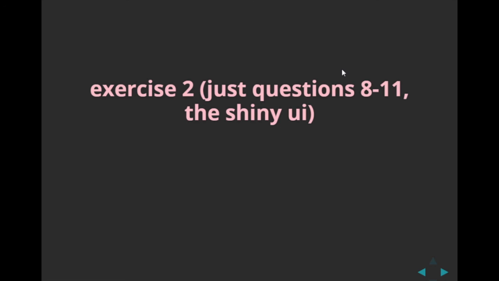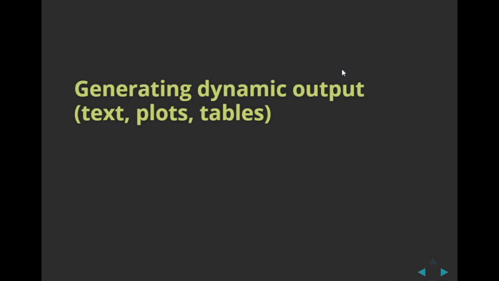Okay. So let's talk about generating dynamic output. I mean this a little differently from what I've shown you so far. We've mostly stuck with widgets. The user interacts with a widget, and I take advantage of the update function that's pre-installed in Shiny, which makes it easy to show you input and output.